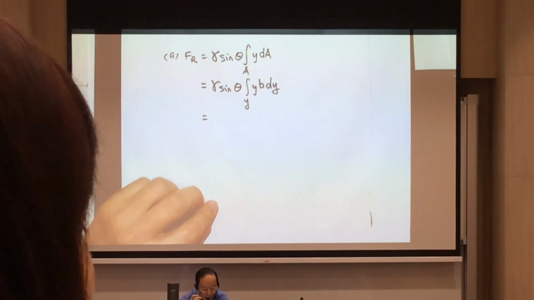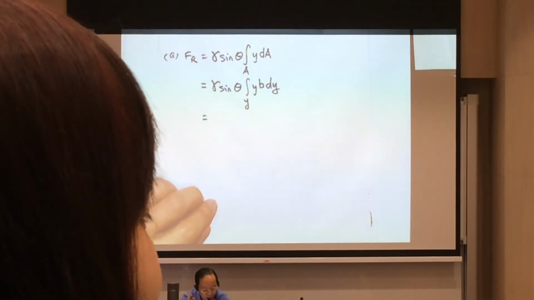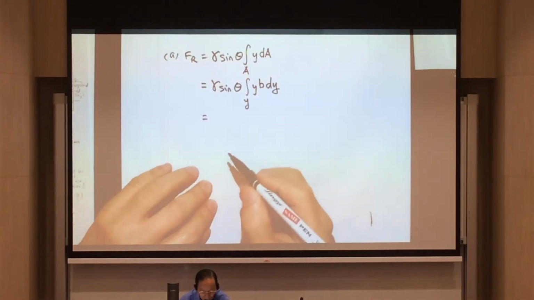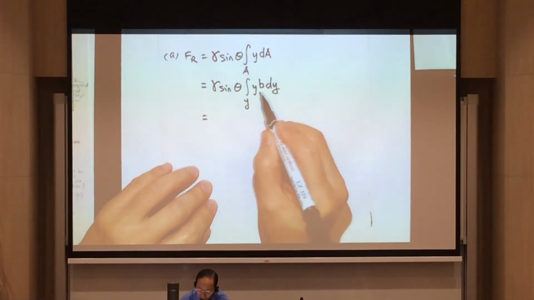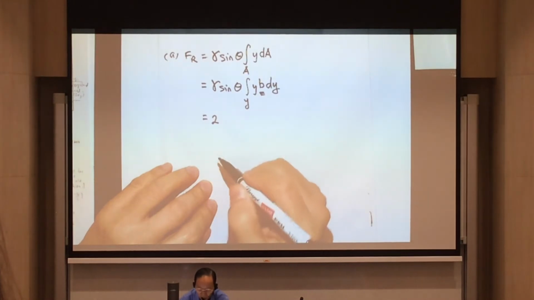So what is b then? b is the width of the gate. The width of the gate is given as 2 meters. So we're going to take out b and put it in the front. 2, that's our b.